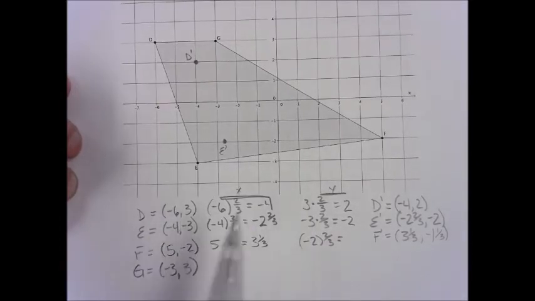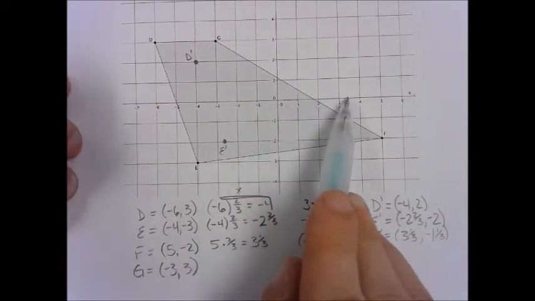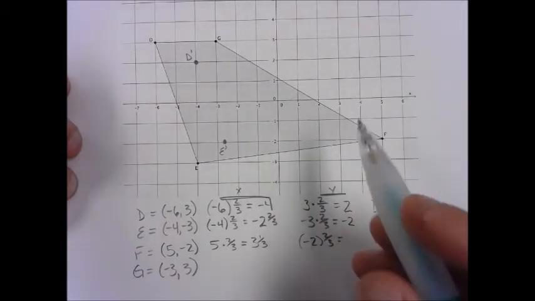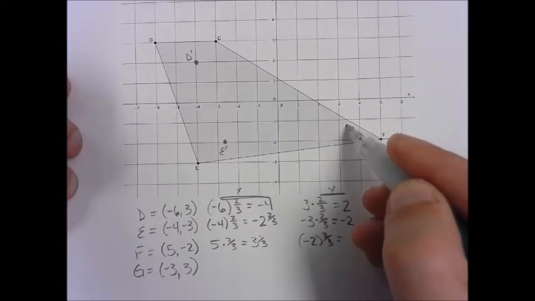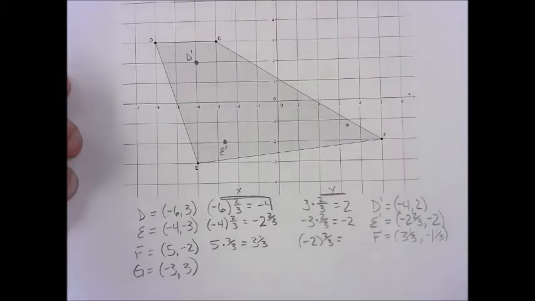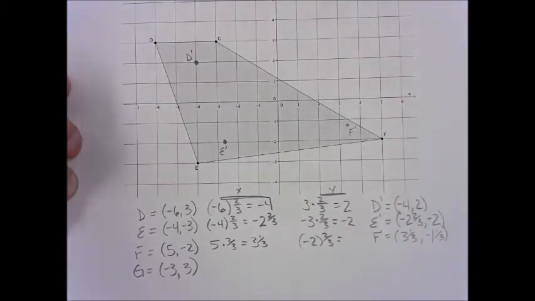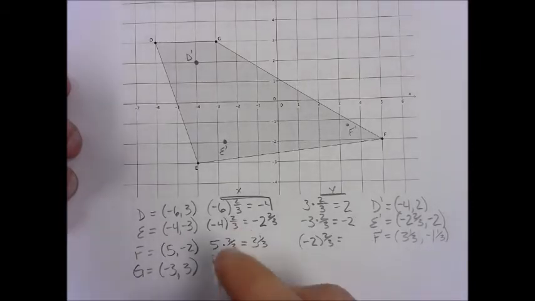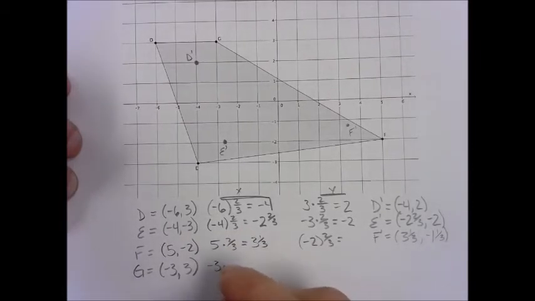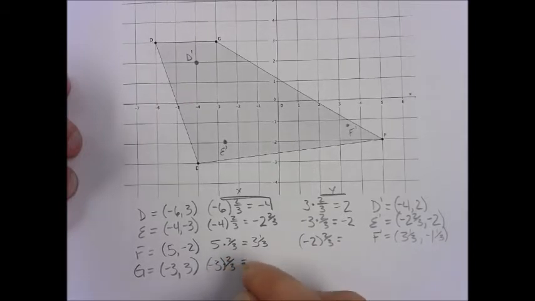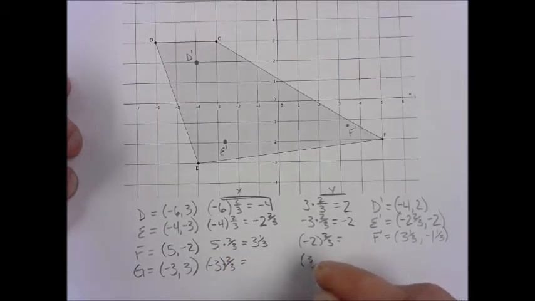So again, I get to plot that. 3 1/3, -1 1/3. So around in here. And this is F prime. One more to go. I have G left. So I have -3 times 2/3, and I also have 3 times 2/3.